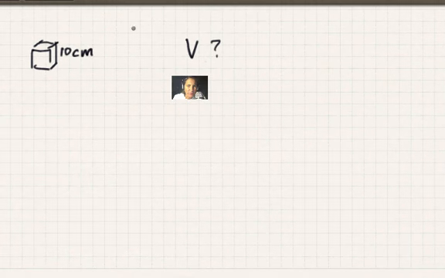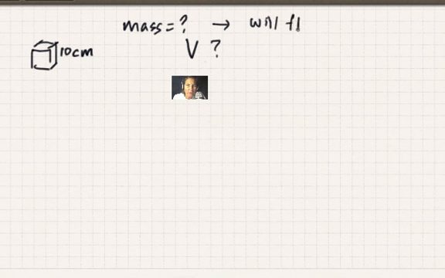Do you know the mass? Mass, that's one question. The other question is, will it float? If the answer is yes, what percent is above the water? If it's no, what is the apparent weight? These are the questions that we're dealing with.